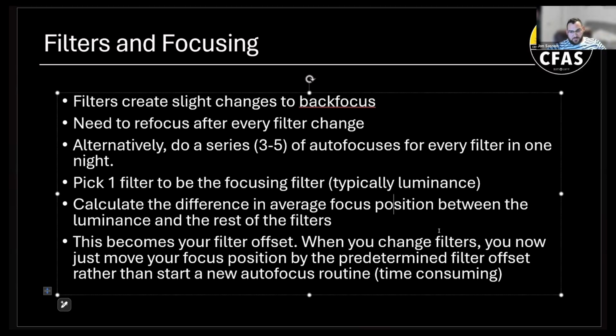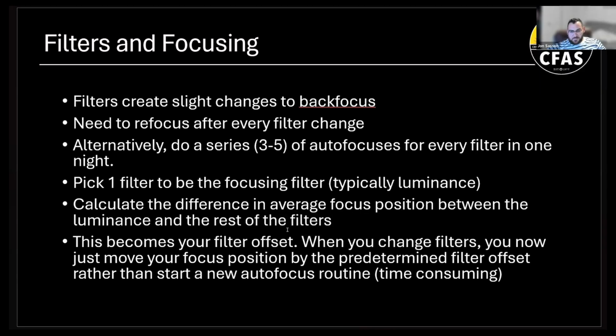So when you change filters, let's say I go from red to blue filter, all I have to do is change the focuser position based on the offset. I don't have to actually refocus again, because I already know what the offset is between each filter.